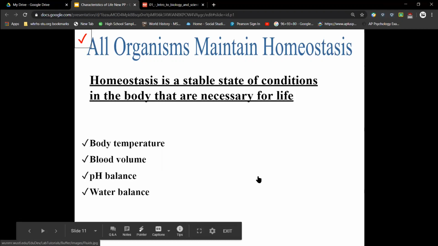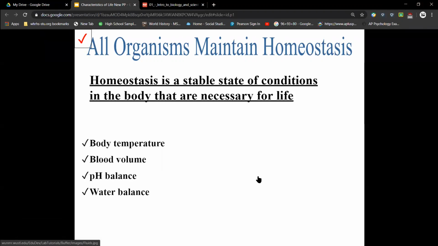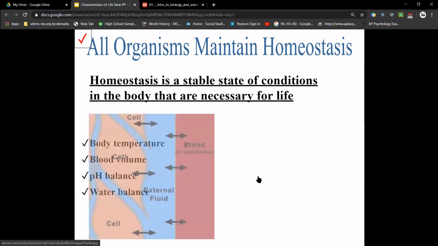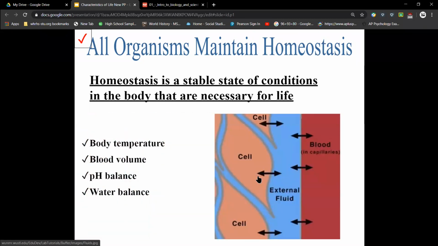Water balance is also really important. As I said, water is really key to life. It makes up 70% of us. Even if we lose 20% of our water, we could be in extreme dehydration, and that's really life-threatening to us. So our body tries to maintain all of these things at a certain level.